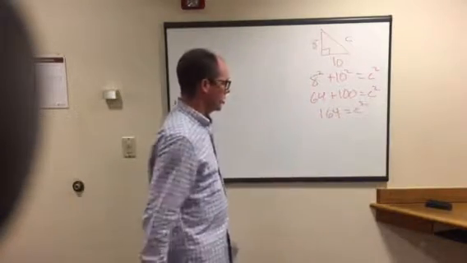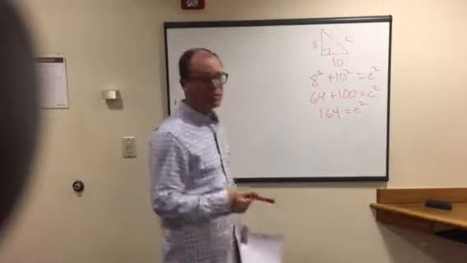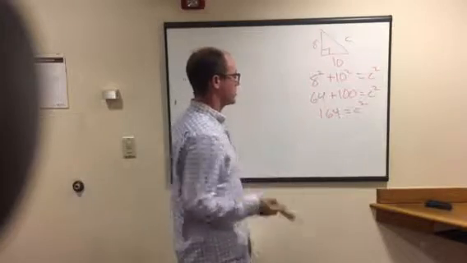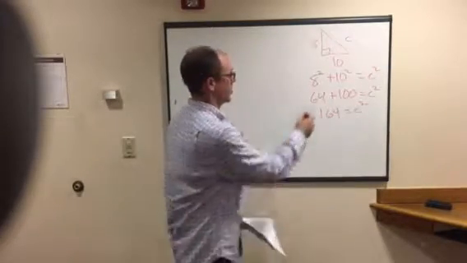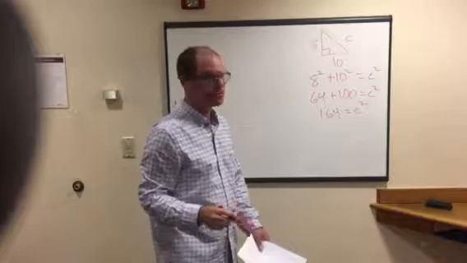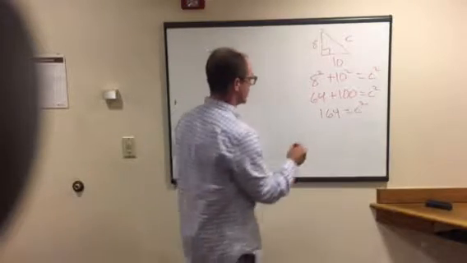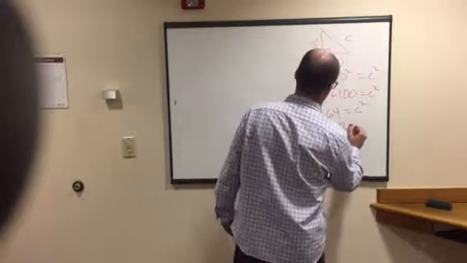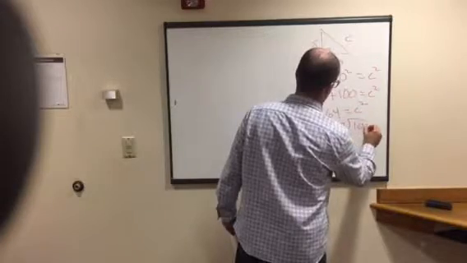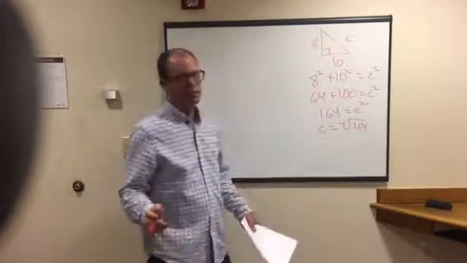So a little bit trickier. You may have to play with this a little bit to get the answer. Now, we're going to take the square root of each side again to get rid of the squared, and then c could equal the square root of 164, like that. It may not be that simple.